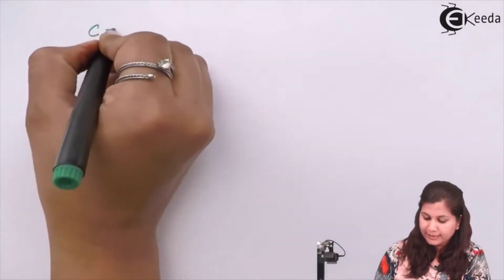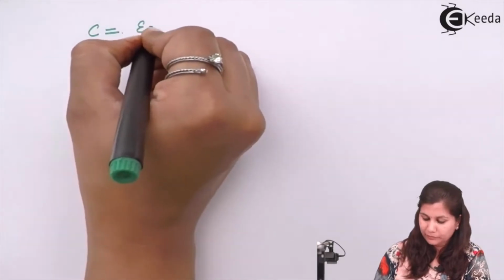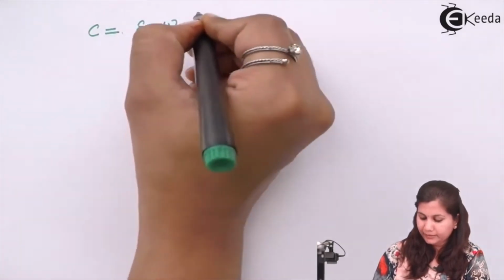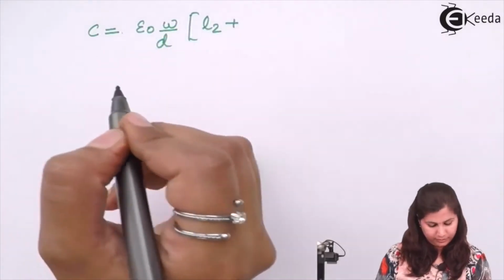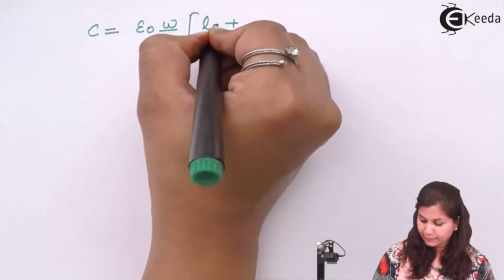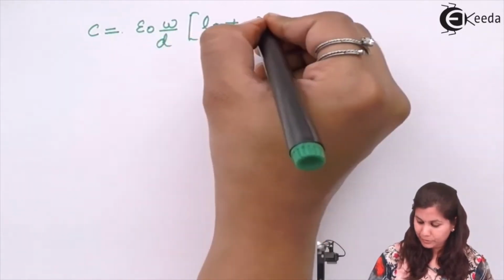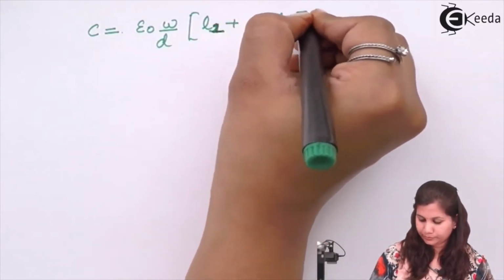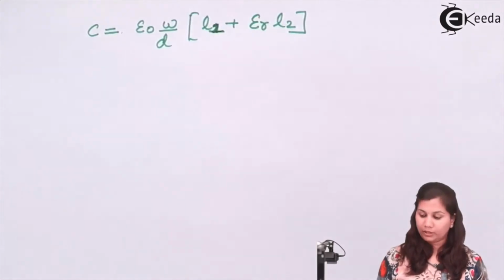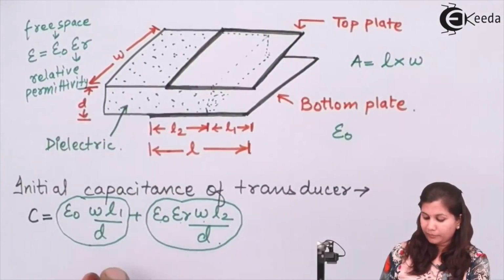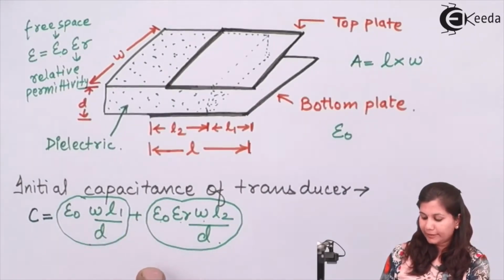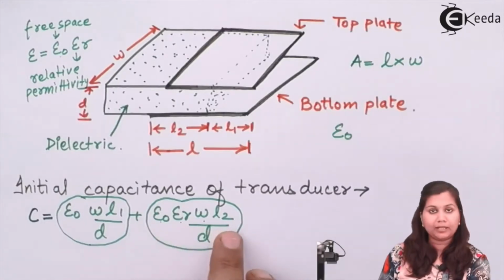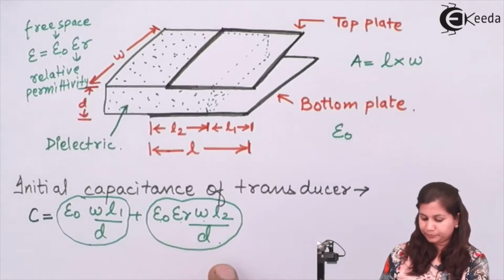Now from here C equals epsilon naught W by D times, inside, L1 plus epsilon r L2. If we take epsilon naught, W and D common, we are left with L1 plus epsilon r L2.